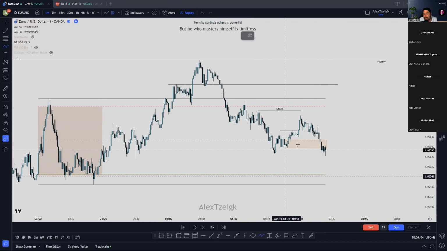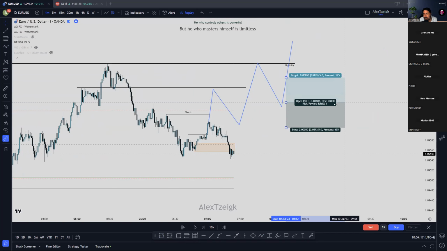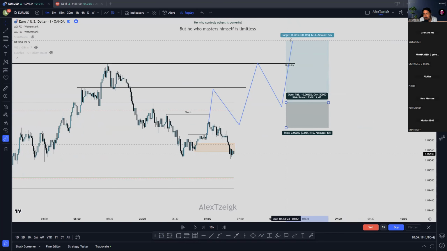For example, I would like to see this in this situation. This, and I would enter from this point to go up. One, 2, 3 RR. Why? Because at this point, I would have a change of character.